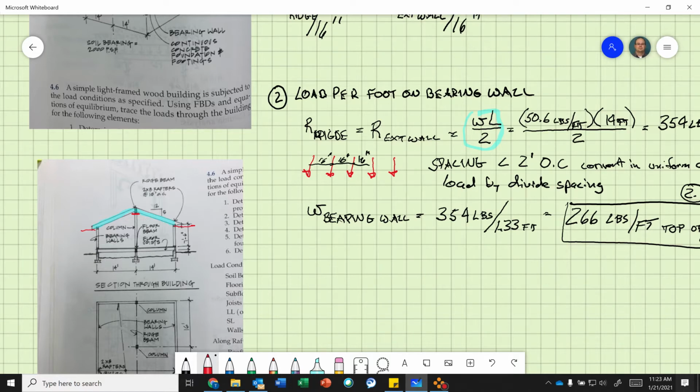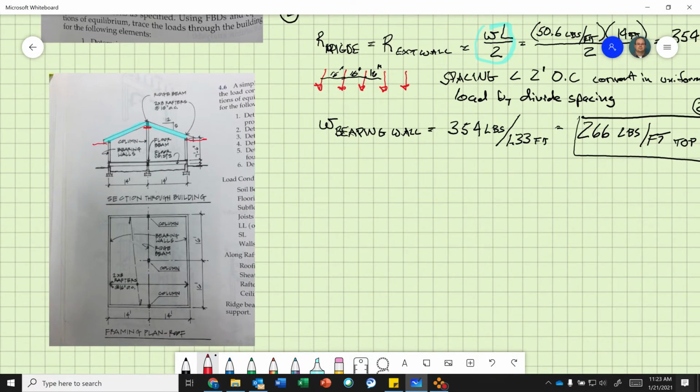So that's where we are with the load trace. Remember, you've got to work top to bottom, because we have to add all this up. So that was number 2. Now the question is number 3.